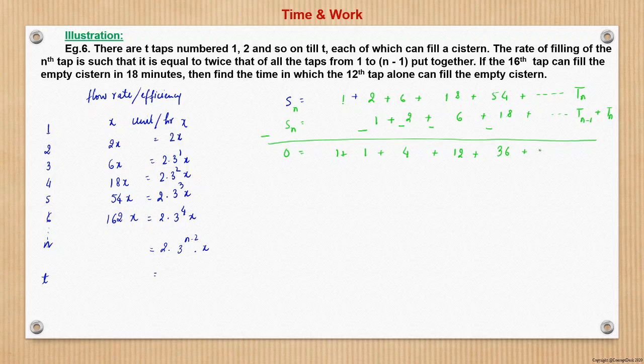Here if we had seen, it would be 108, and so on, up to tn minus 1, and then this minus tn would come, right? So this minus tn we can bring to this side in place of 0. This becomes 1 plus 1 plus 4 plus 12 plus 36 plus 108 plus so on, right?